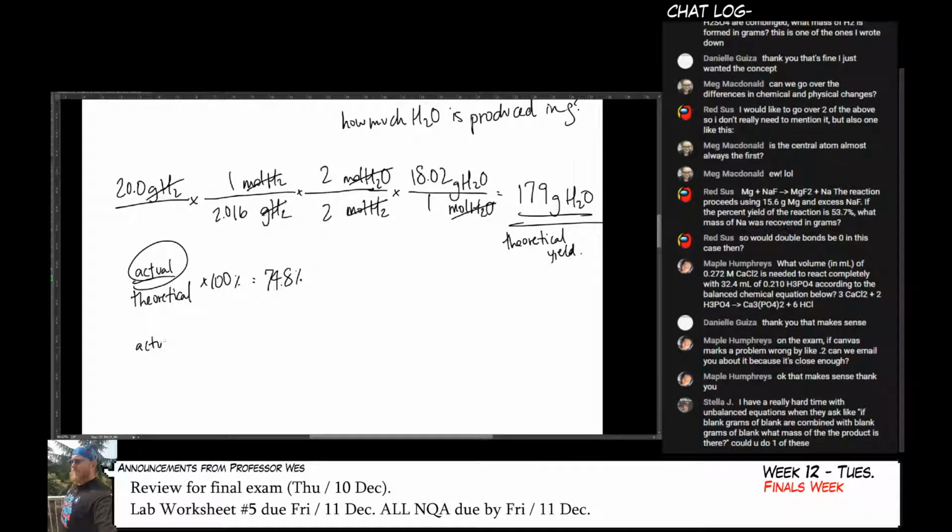So the actual yield would be 74.8%, divided by 100%, times the theoretical yield. So that would be 0.748 times 179 grams H2O. So if I had a percent yield of 74.8, I would have only produced 134 grams H2O.